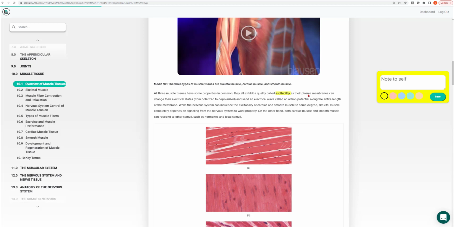We haven't talked about how this works yet, but just know that muscles are going to receive signals from the nervous system, and that signal is going to excite the muscle. And when muscle tissues are excited, they contract. That's what makes muscle tissue so unique in that it changes its shape, right? It's excitable. And that is true of all three muscle types, cardiac, smooth, and skeletal.